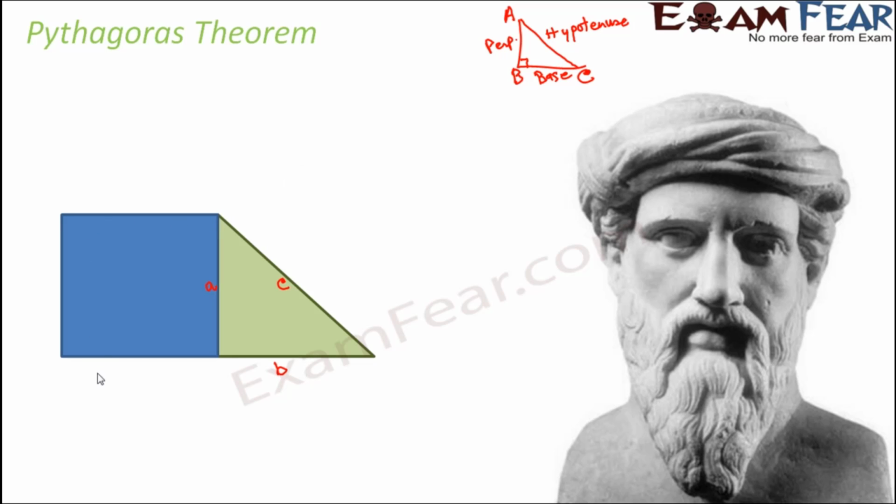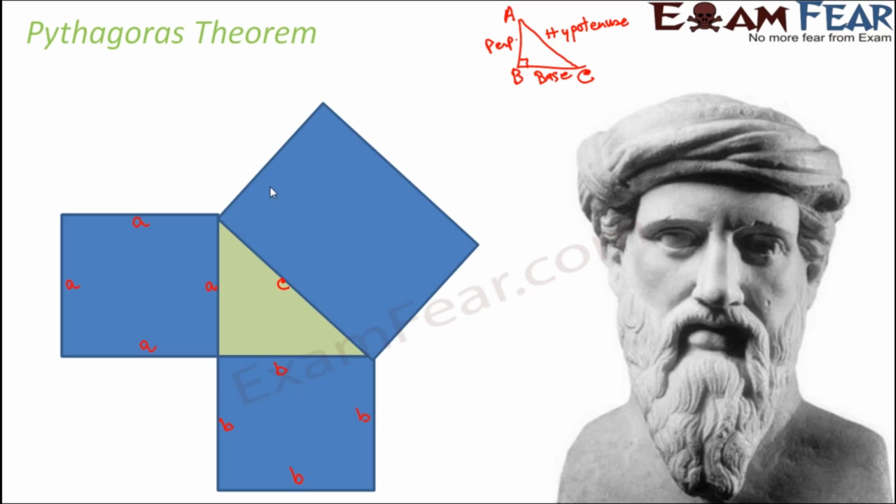On the perpendicular, each side of the square would be equal to A, right? Similarly, let's draw a square on the base, so each side of this square would be B. And in a similar way, we draw a square on the hypotenuse, so here each side would be C.